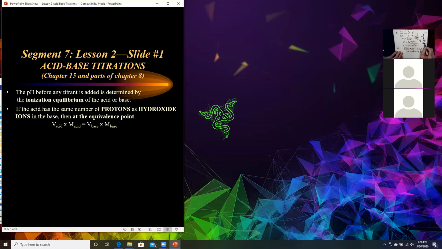If we look at the volume of base it takes to get to the equivalence point times the molarity of the base, and we know the volume of acid we put in, we can calculate the molarity of our unknown acid from that equation. So this is actually the third point we'll calculate a little later.